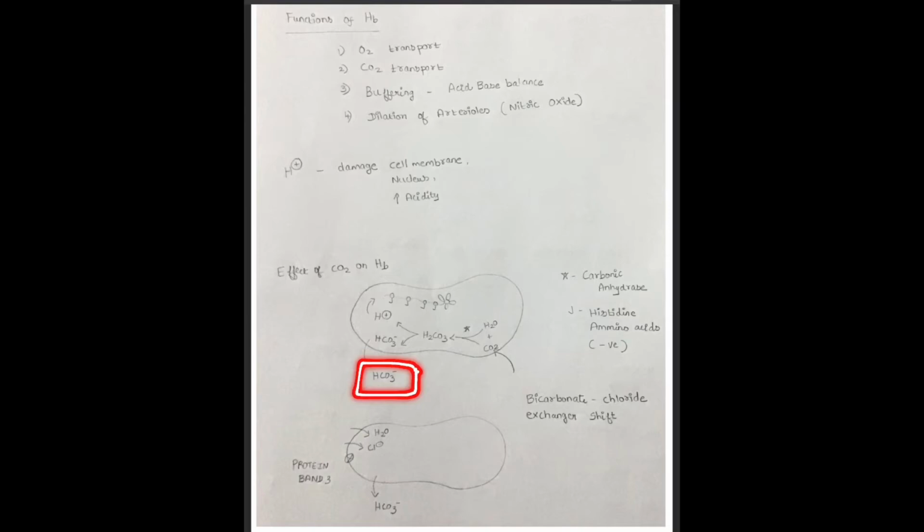So whenever the bicarbonate comes outside, chloride ion goes inside the cells, and this happens with the help of a small protein band in the RBC. This protein band will detect whenever there is shifting of bicarbonate outside. It will release the chloride ion from the interstitial fluid into the RBC.